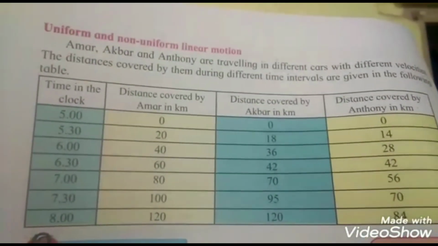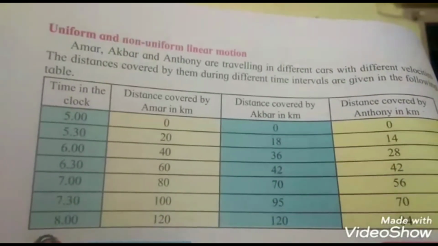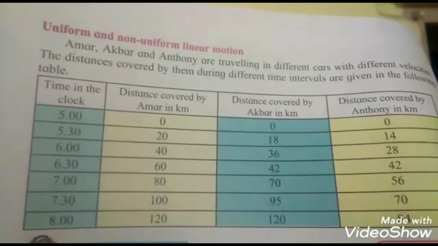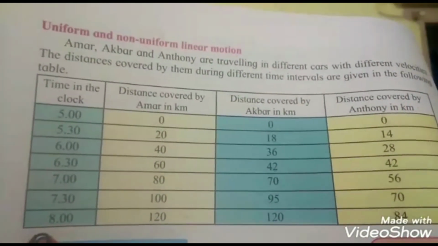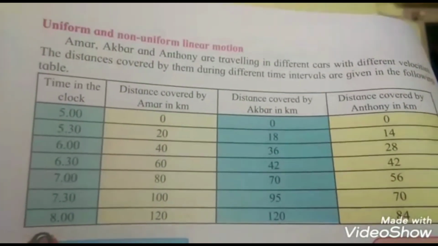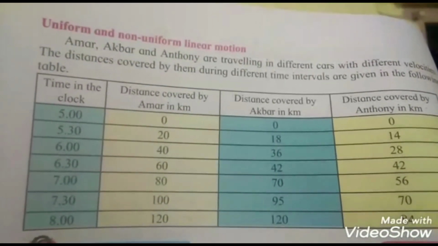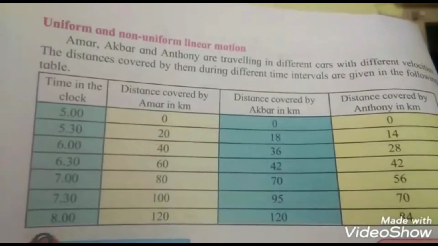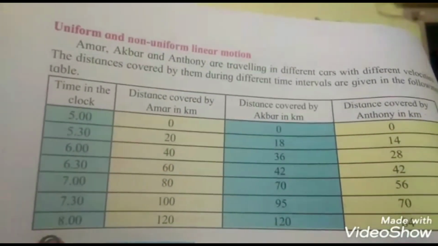See on your screen the time in the clock in the first column. The second column is the distance covered by Amar in kilometers, then the distance covered by Akbar in kilometers, and the last column is the distance covered by Anthony in kilometers. Amar spends equal time intervals and travels equal distances, but Akbar traveled unequal distances in equal time. That is the difference between uniform and non-uniform linear motion.